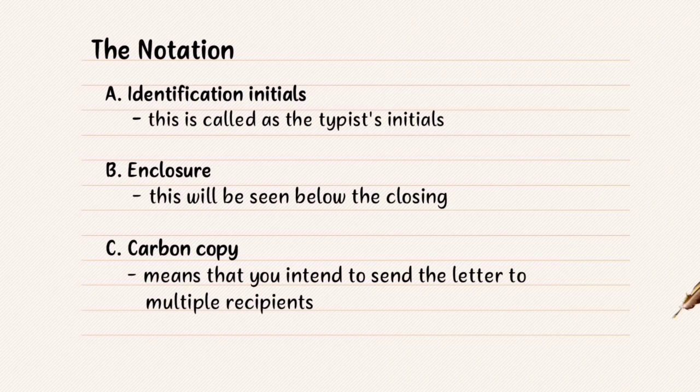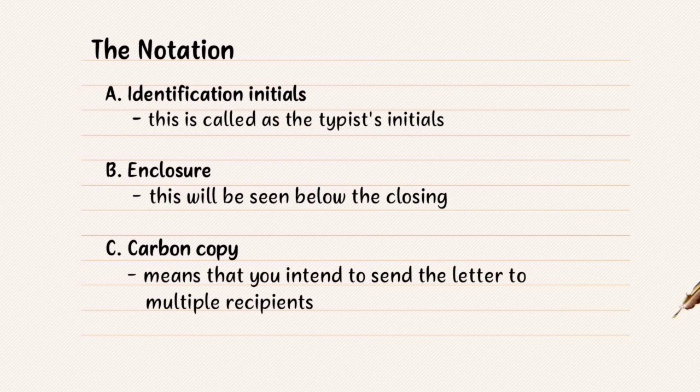So, for enclosure, this will be seen below the closing. Enclosure plays an important role in the sense that it reminds the recipients that additional items were included with the letter. For the carbon copy, it means that you intend to send the letter to multiple recipients.